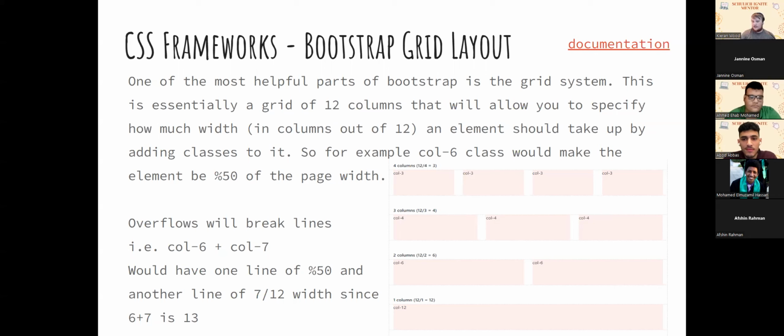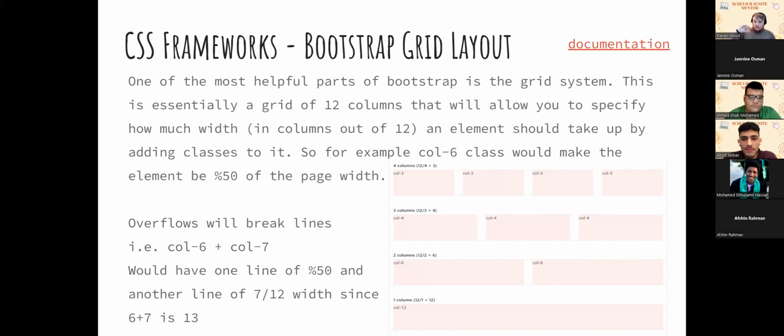So if I wanted something to take up 50% of the page, let's say I had 2 of those cards and I want each to take up 50% of the page, I would have col-6 and col-6. Each of those takes up 6, which adds up to 12, which means it takes up the full width of the page. So basically you take whatever number you're adding to the end of col-, and that divided by 12 is the percentage of the page that you're taking up.